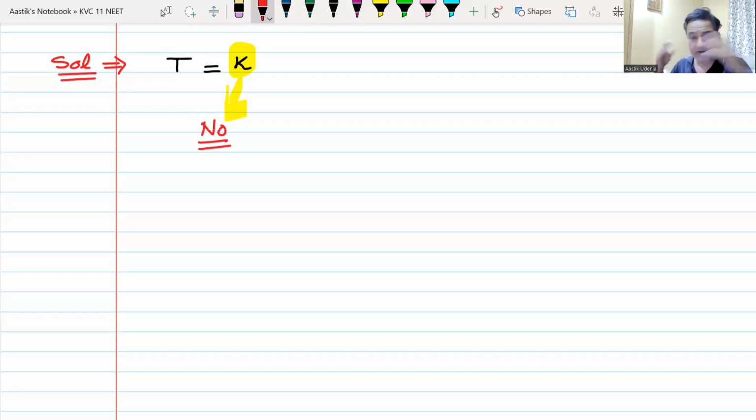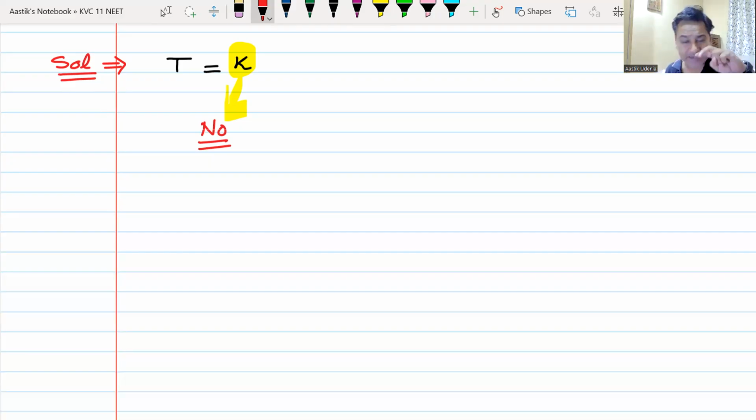So this K will remain unknown. We cannot find out this K using dimension analysis, and therefore we cannot say that we can find the exact formula of time period. No, we cannot find the exact formula for time period because this K is unknown, but we can find what I call a possible formula of time period. How do we get this?